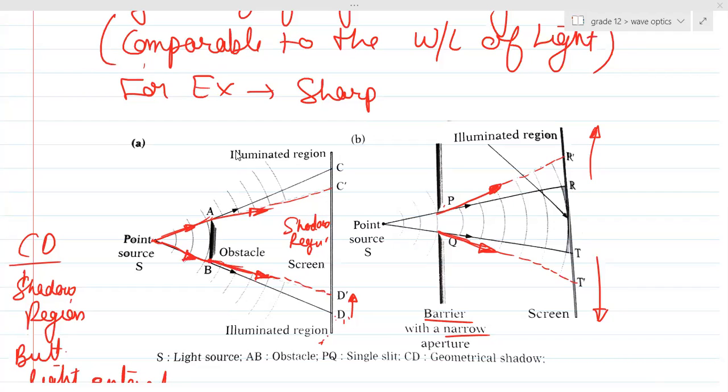Guys, let me share my screen. One second. Whenever you're done with the diagram, just tell me.